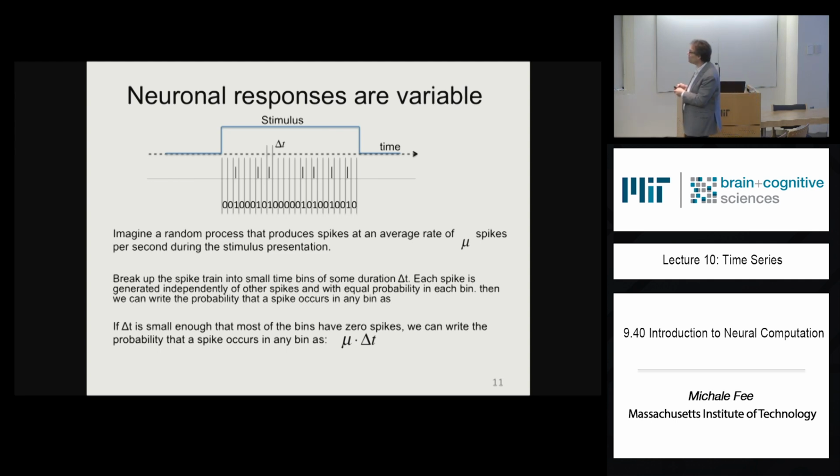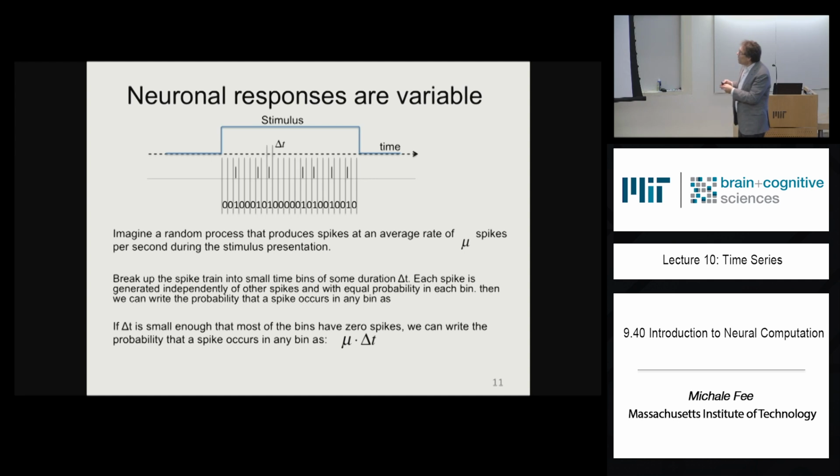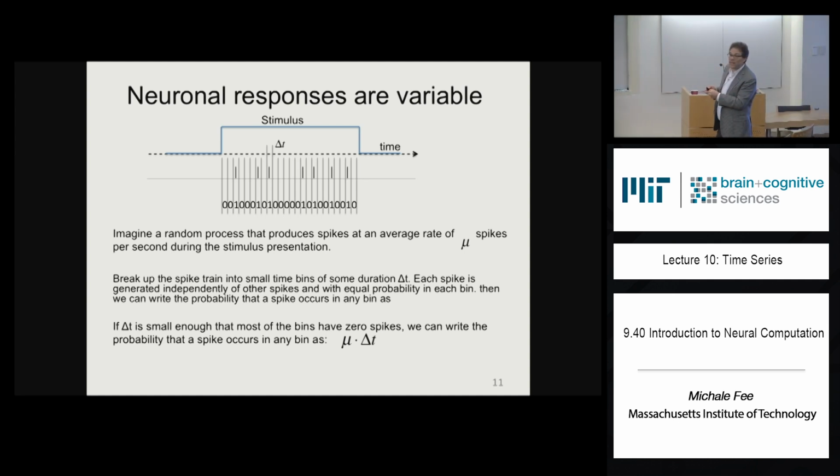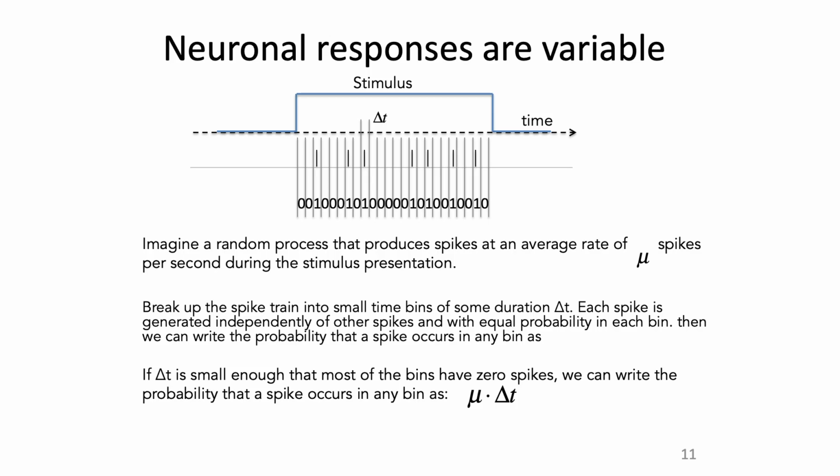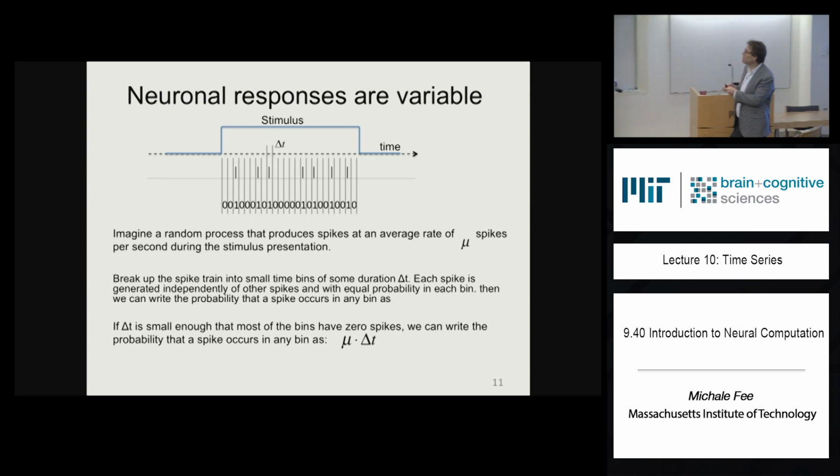So what does that mean? What that means is that if you were to present this stimulus many, many times and look at where the spikes occur, there would be some uniform probability per unit time that spikes would occur anywhere under that stimulus, okay, during the presentation of that stimulus.